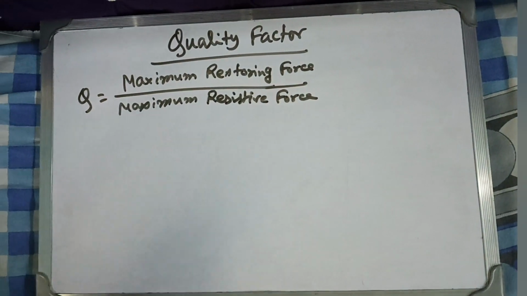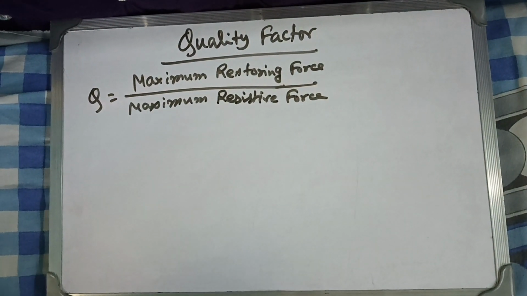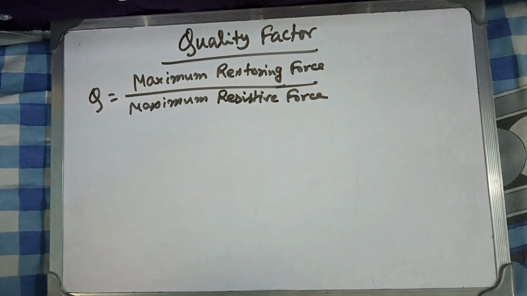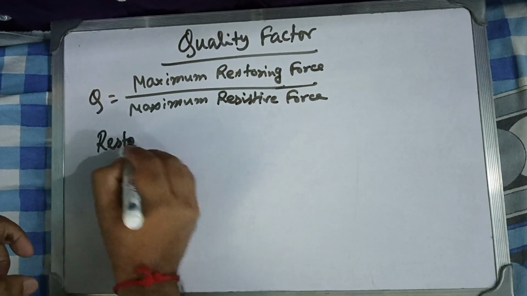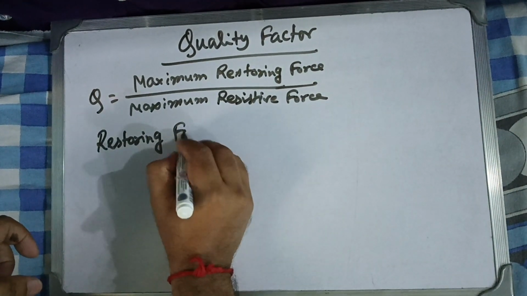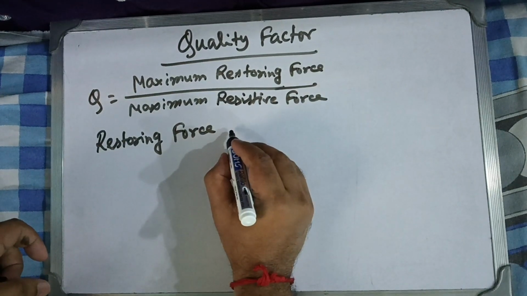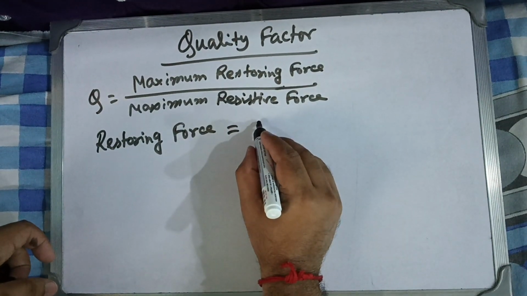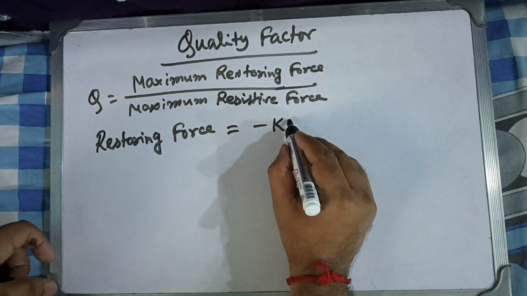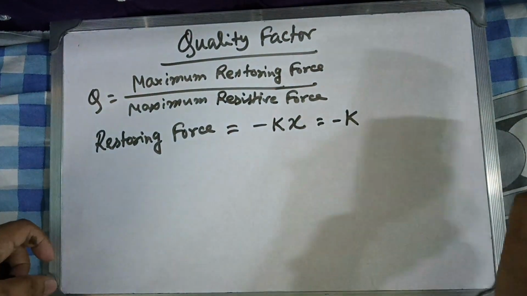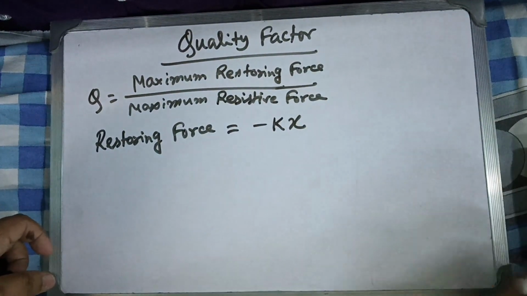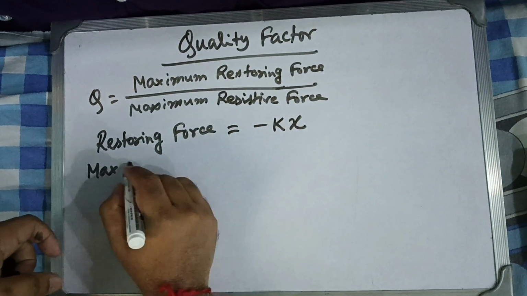Now the term which we are going to discuss is the quality factor. We can define the quality factor this way: the ratio of maximum restoring force to maximum resistive force. Restoring force form, you know, is minus kx. Now the maximum restoring force will be minus ka, where a is the amplitude of the vibration.